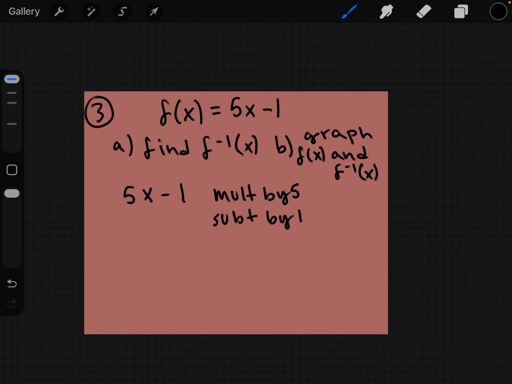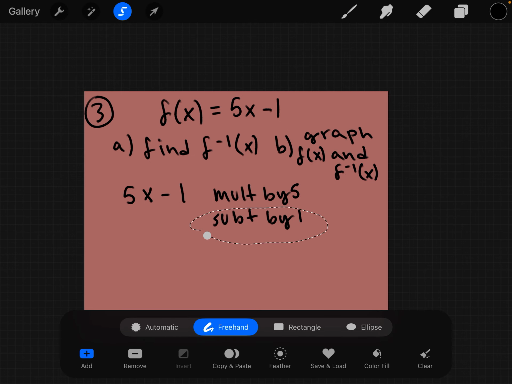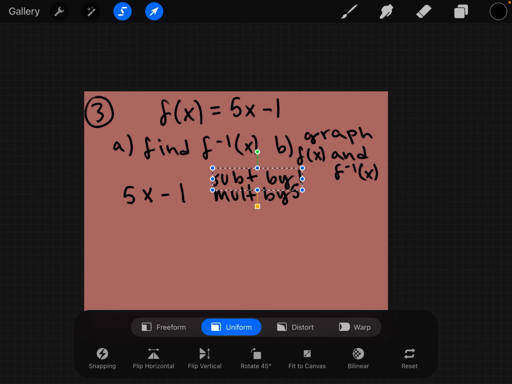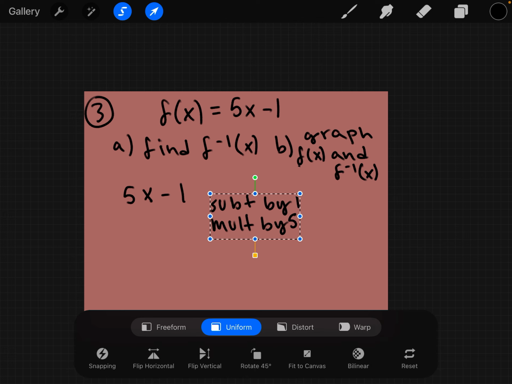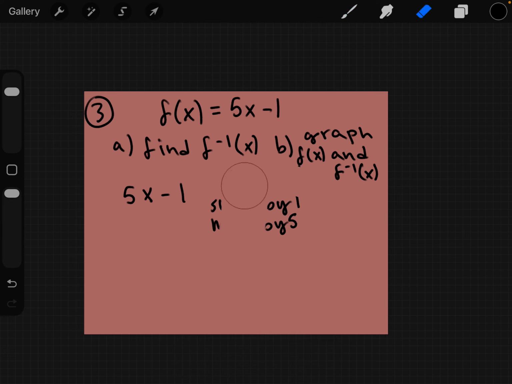Flip them around and you've got subtracted by 1 and multiplied by 5, and then do the opposite. So you add 1 and divide by 5. So we add 1 to x and then divide by 5, and that's the inverse.